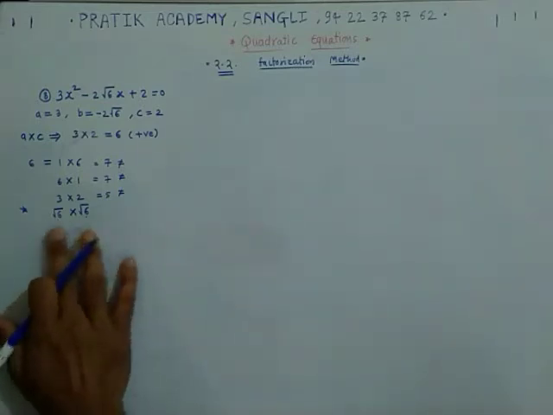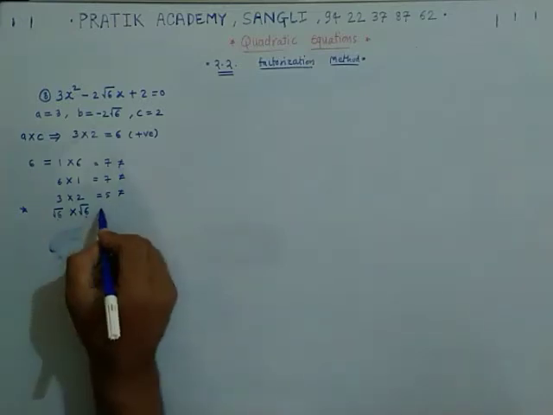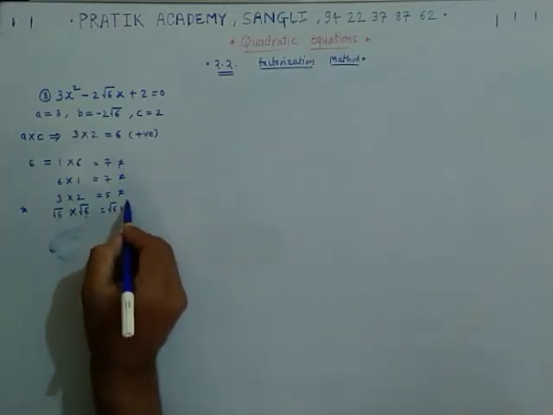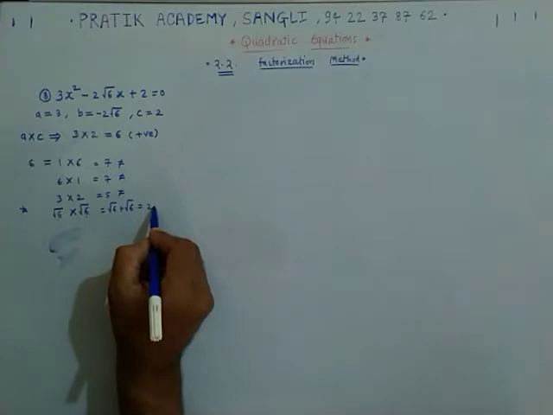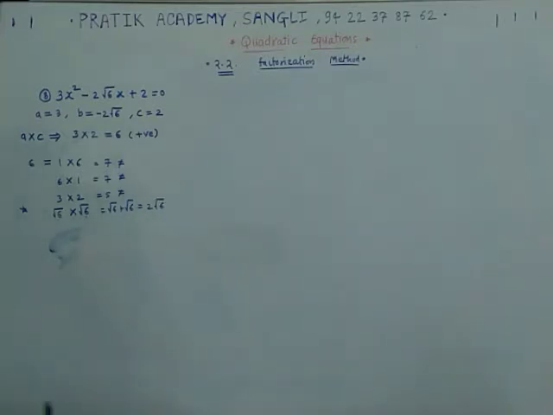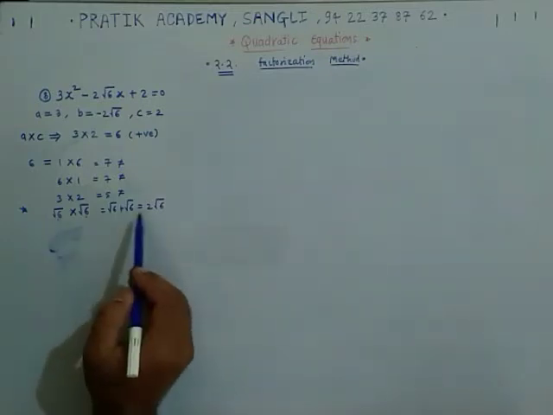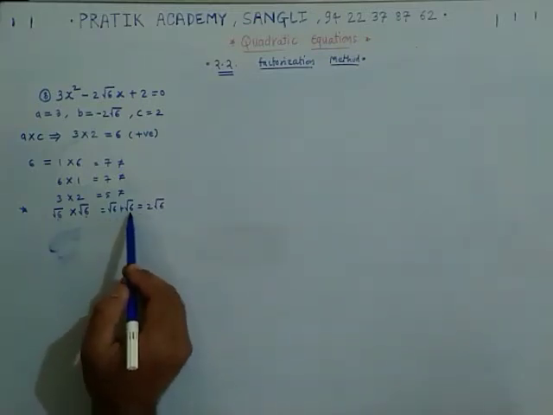Let's check here. The sum of root 6 plus root 6 is 2 root 6. That is, our required pair is root 6 and root 6.